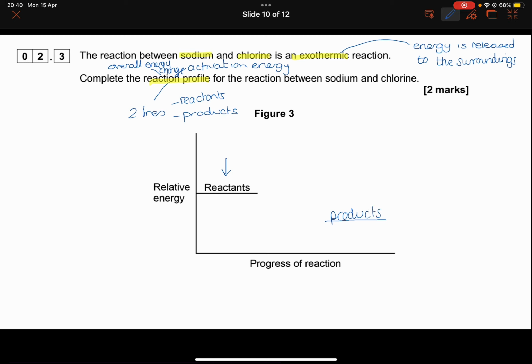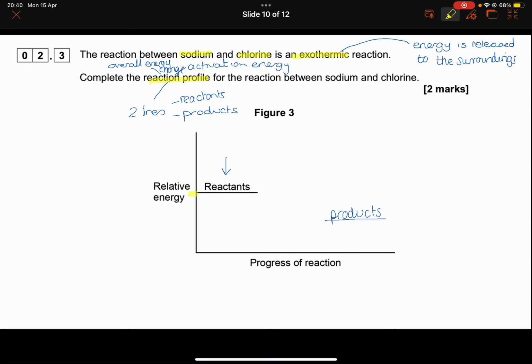Reactants turn into products, and this is how much energy is in the reactants, this is roughly how much energy is in the products, so you can see it's much less. And when we are joining these together, it's a curve up and then curve down to meet the product line.